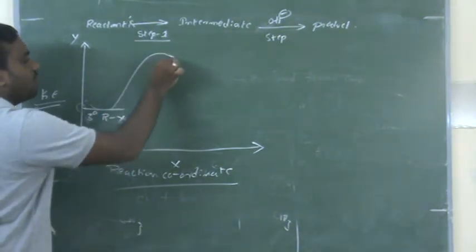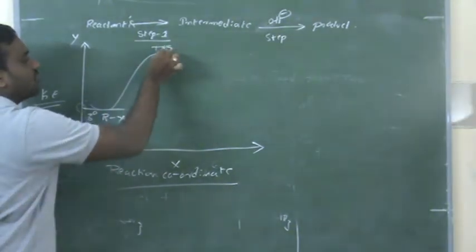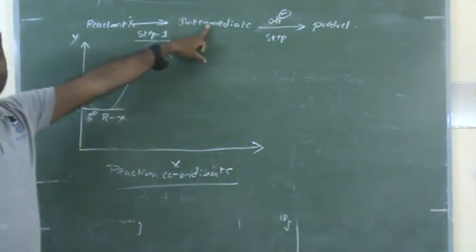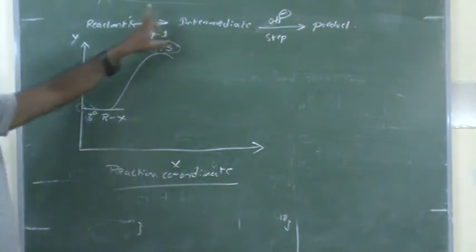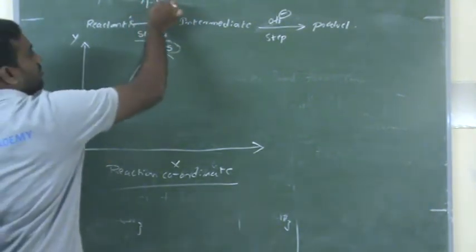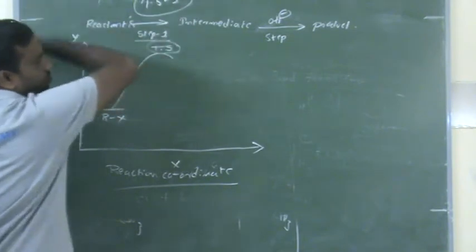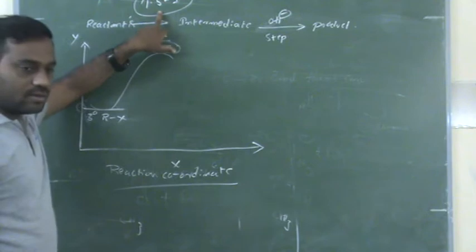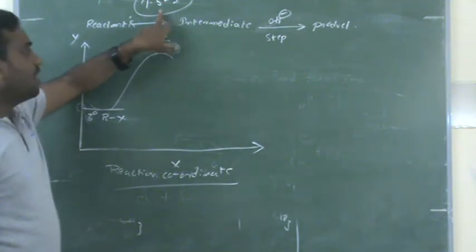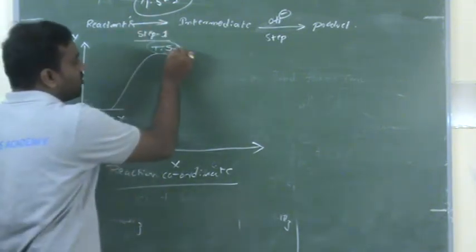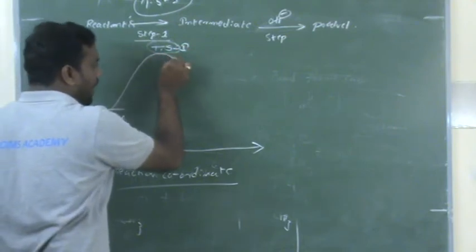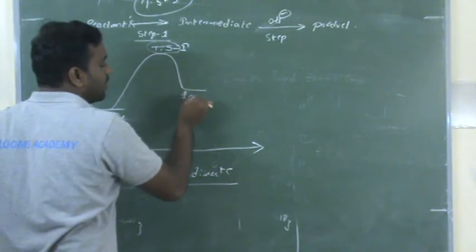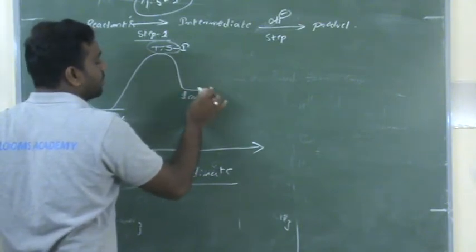Initially this is the formation of the transition state. Keep in mind, before the intermediate there is transition state 1. After that, this transition state 1 gives an intermediate. What is that intermediate? Tertiary carbocation.